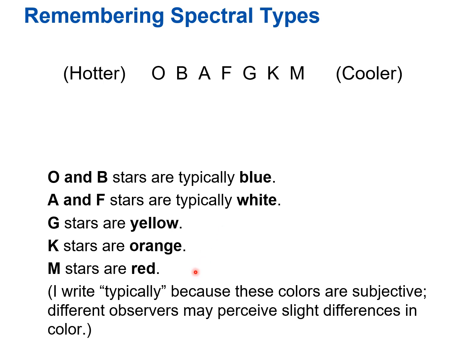I say typically because these colors are subjective. Different observers may perceive slight differences in color. For example, someone might look at a K star through a telescope and it looks red to him. Someone else might look at an M star and see it as an orange star. And so these color and spectral type correspondences are rough guidelines.